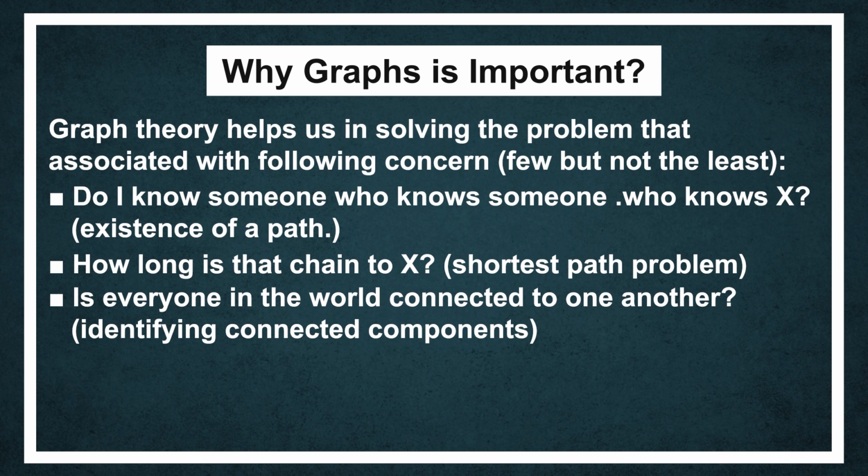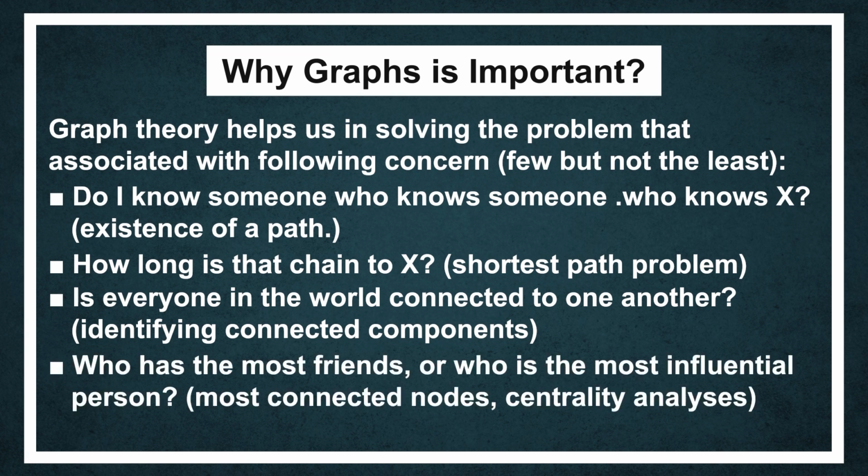Another one, is everyone in the world connected to one another, is a kind of identifying connected components problem. The next question was who has the most friends or who is the most influential person. It is a concern of most connected nodes, a centrality analysis kind of problem.